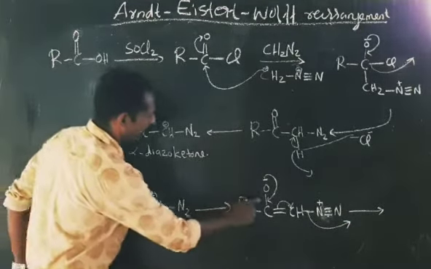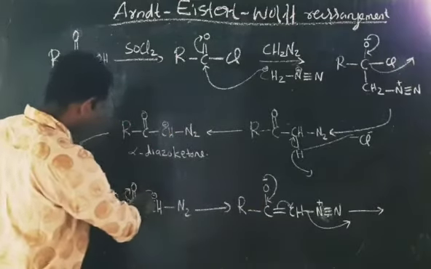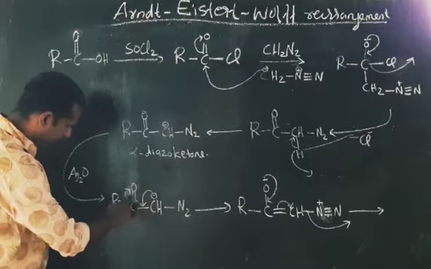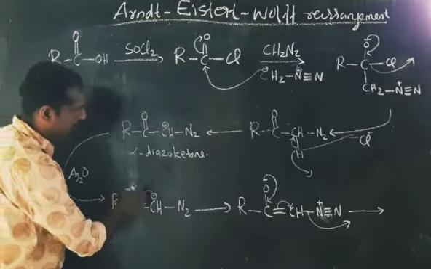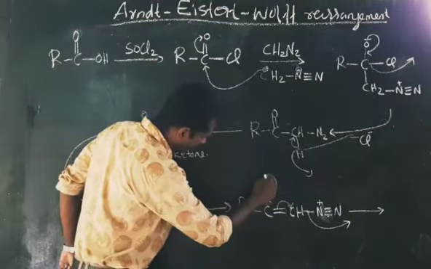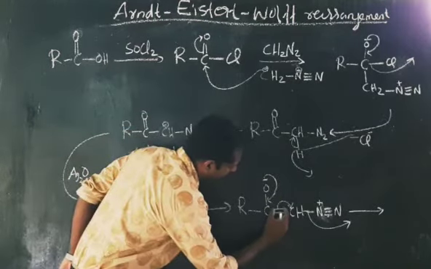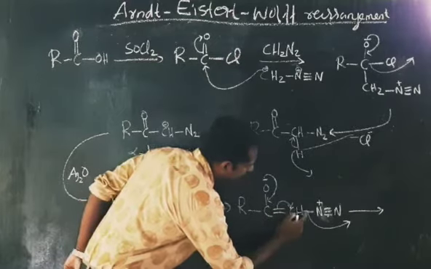Again the same: first it is migrating to here, then it becomes a double bond, then this double bond is moving to oxygen. When reversed, this pair of electron is coming back from oxygen, and then this pair of electron will be shifted to this carbon.